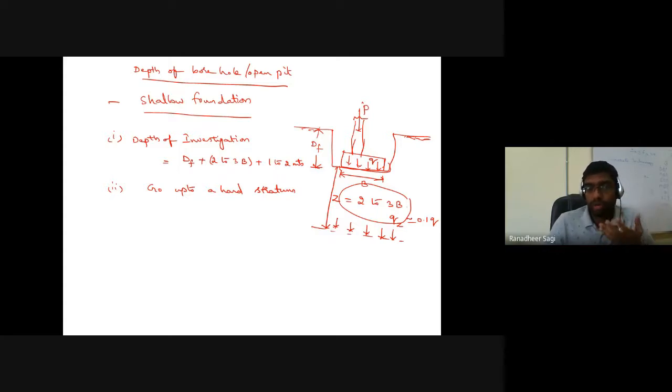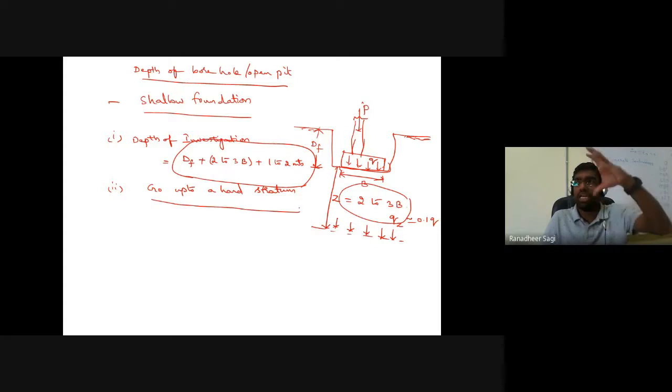If you are going to carry out a shallow foundation for the construction of your structure, the depth to which you should carry out your detailed soil exploration can be either based on this expression you have calculated, or till you come across a relatively hard stratum, because if a hard stratum is available, obviously it will have more bearing capacity or more load carrying capacity. So you can construct your foundation on that particular hard stratum. That should be sufficient.